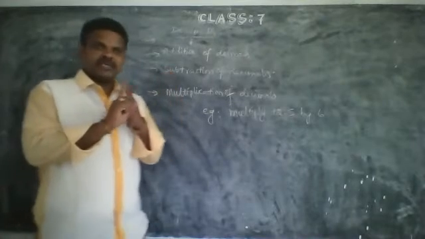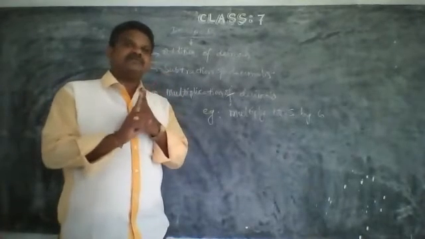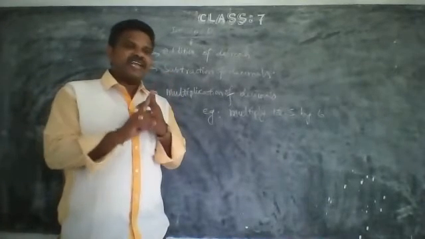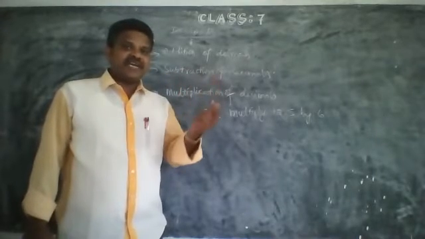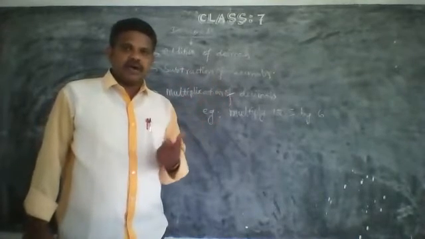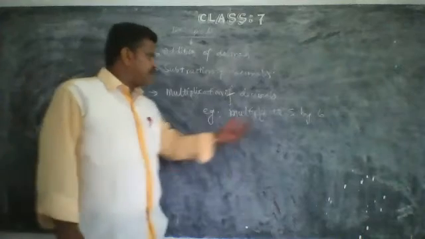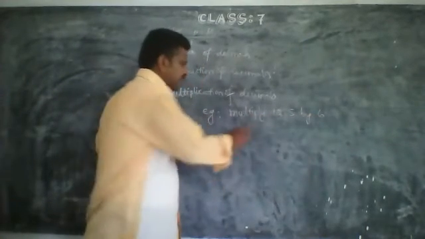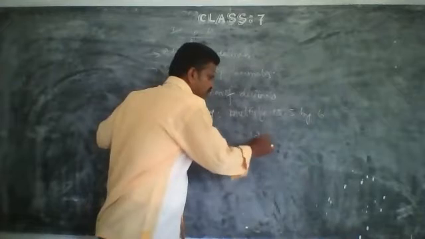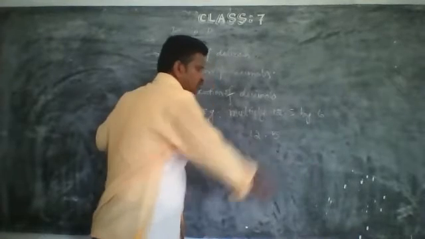The first one is the multiplicand. The second one is the multiplier. The result to be obtained, the result, is the product. So the multiplicand and multiplier are given.